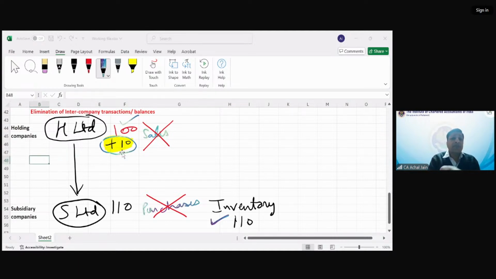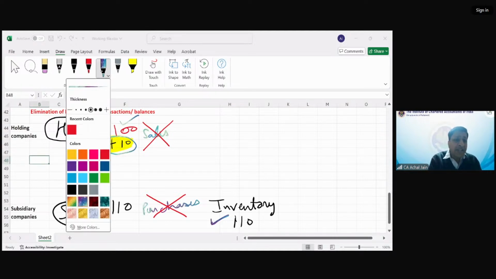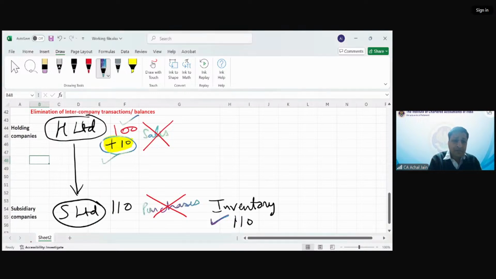If the company would have realized this profit of 10, then it was completely okay, because the company has sold the goods outside the group and the profit is realized. But knowing that this profit is not realized, you will have to eliminate this profit.